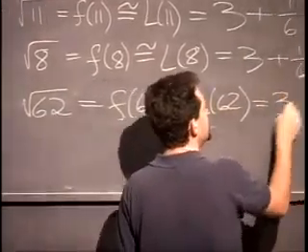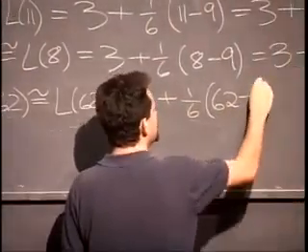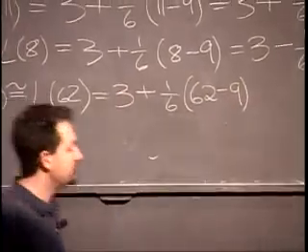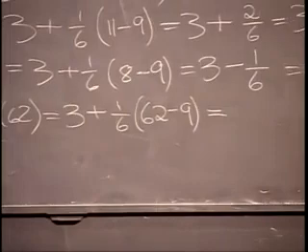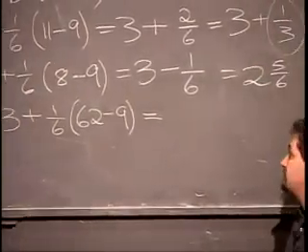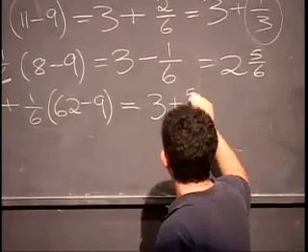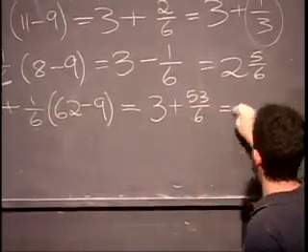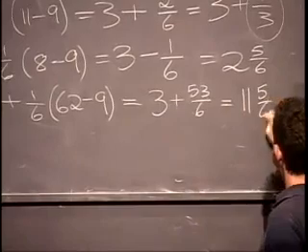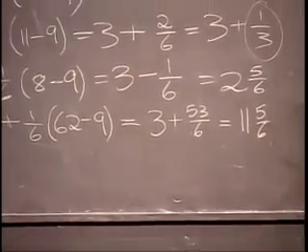It's approximately 3 plus 1/6 of 62 minus 9. And if you work that out, you get what? 62 minus 9 is 53. And that's actually a little less than 9, so this is 11 and 5/6. So according to this formula, the square root of 62 is about 11 5/6.